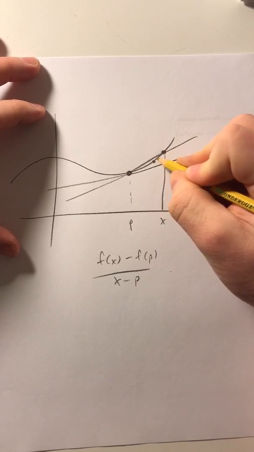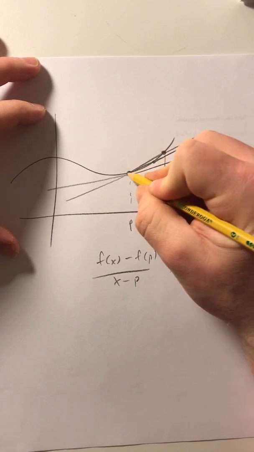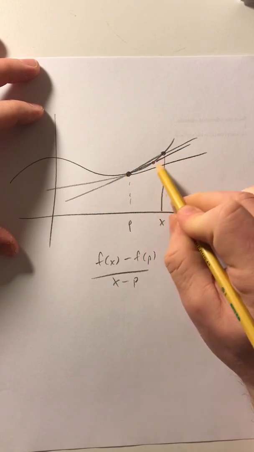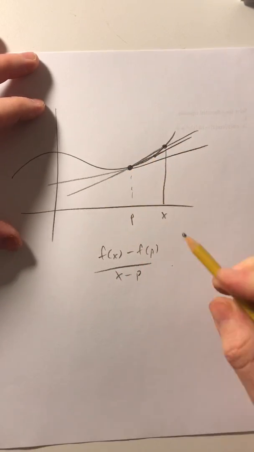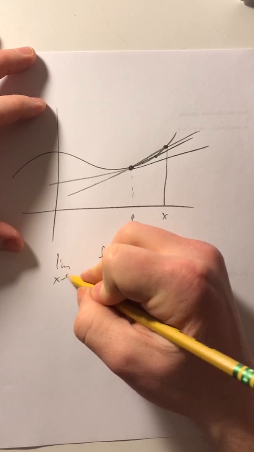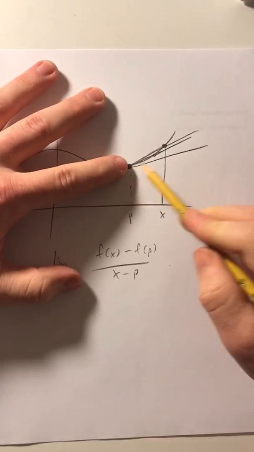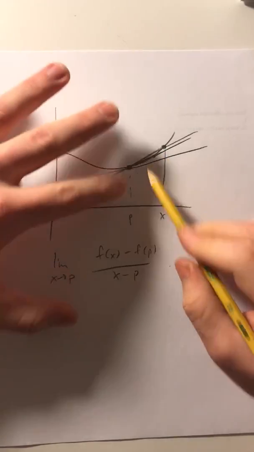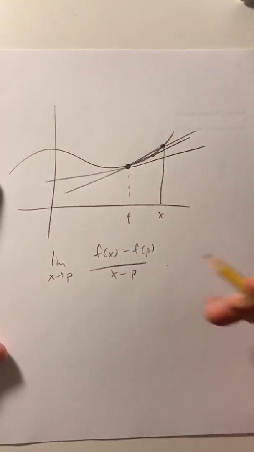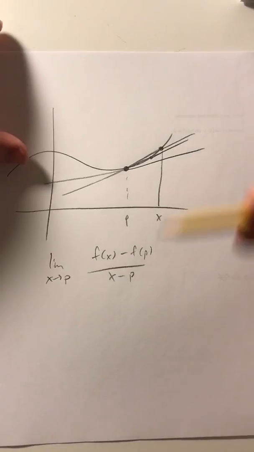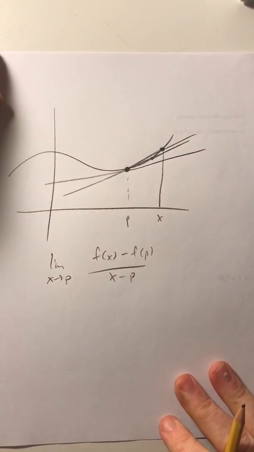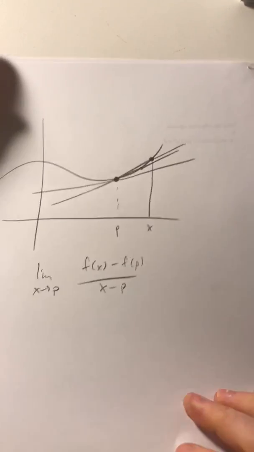So we're going to move x around, and the closer x gets to p, the closer the secant line that goes through two points is going to be to the tangent line. And so that's the idea, is I fix p but don't fix x. I slide x over to p, and I see what these slopes are doing, and they are approaching, assuming the limit exists, the slope of the tangent line. So there's our definition of the derivative.